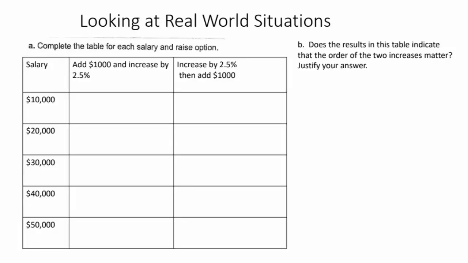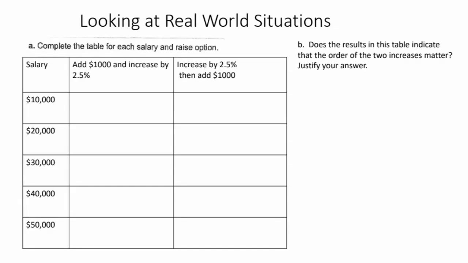Now, I then am going to take my $11,000 and multiply it by the multiplier. Increase by 2.5% is an increase, okay? Because remember, I'm increasing. So this is going to give me 102.5% or 1.025.